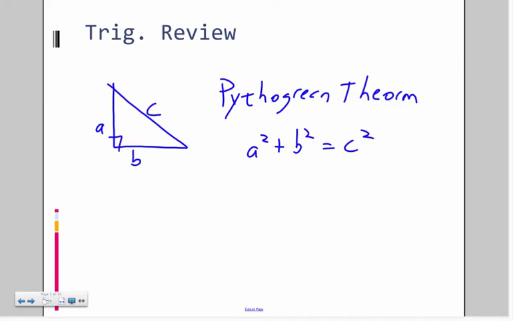Though hopefully you have this one memorized. But Pythagorean theorem simply says that when we know two sides of a triangle, we can calculate for the third if it's a right triangle. And keep in mind, these are all squared, so if we want to solve for c, c is really equal to the square root of a squared plus b squared, and make sure you pay attention to order of operations there when you do this.